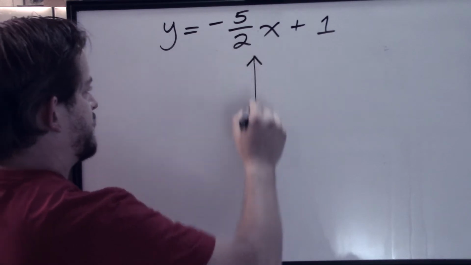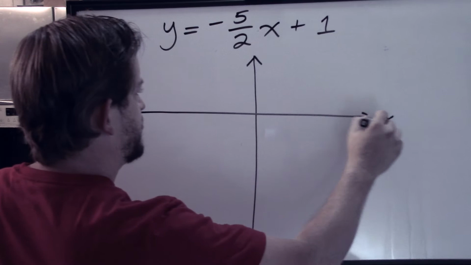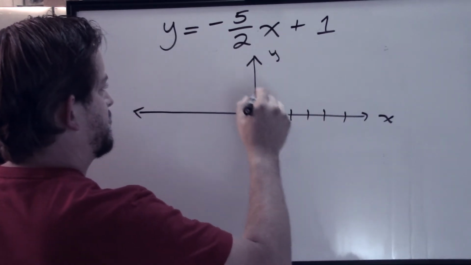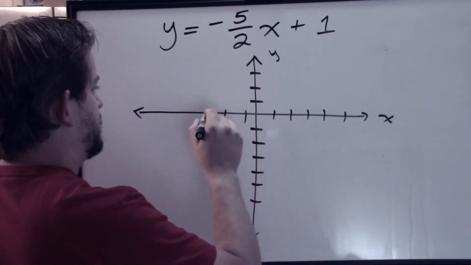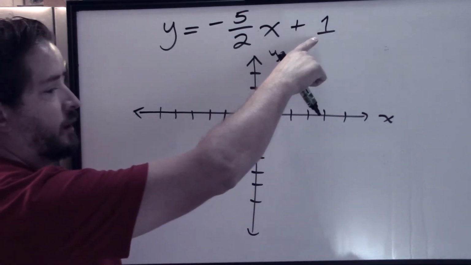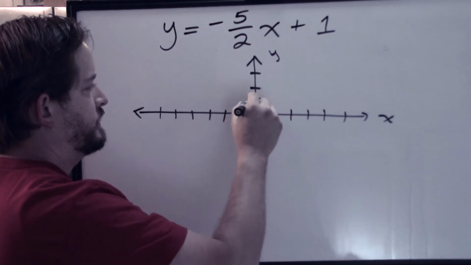If I want to graph this, again I need a set of axes here, right? The x and the y axis. Okay. I have my intercept already. My y-intercept happens at 1, so I know that I have that point right there.